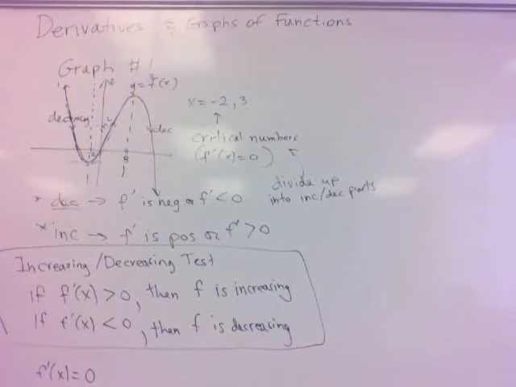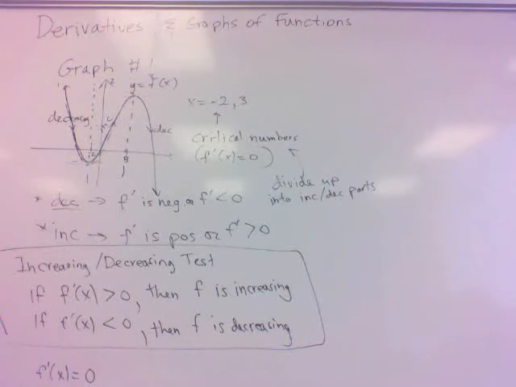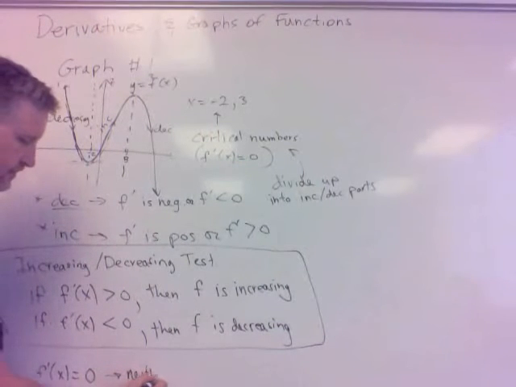It's not increasing and it's not decreasing. It's 0 because it's not a positive slope, it's not a negative slope. So it's not increasing or decreasing at those critical numbers, where f prime of x equals 0. So don't include those. Here's what I'm saying.